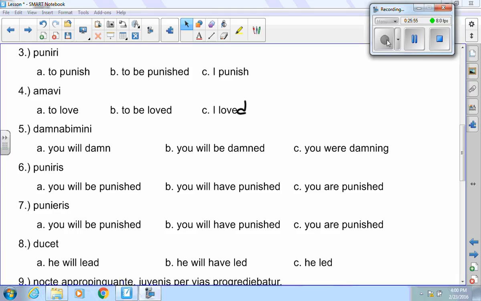Look for that clue. There isn't one here. So ERI is not being used. It is the E, and then added onto the E is the RIS, making it second person singular, future. So I would use future here. You will be punished.